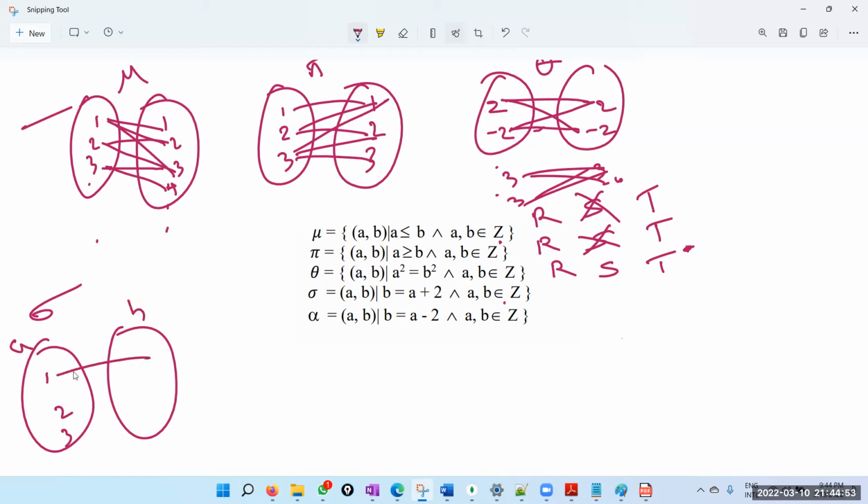So 1 to 3, 2 to 4, 3 to 5, etc. I said these are integers, so it works for negatives also. This is definitely not reflexive. And it is not symmetric as well. Right? And it is not transitive as well.